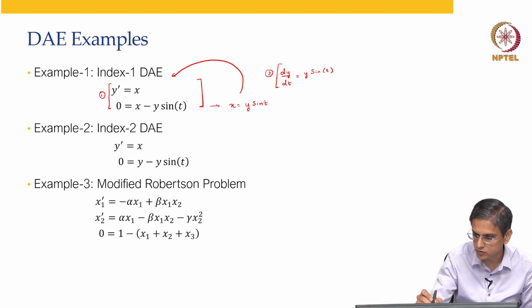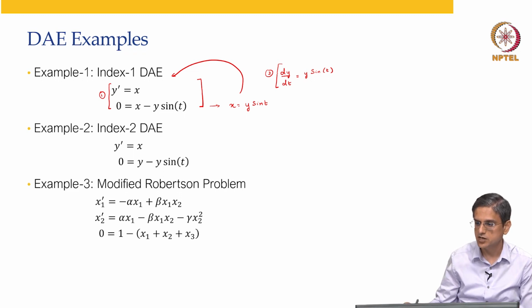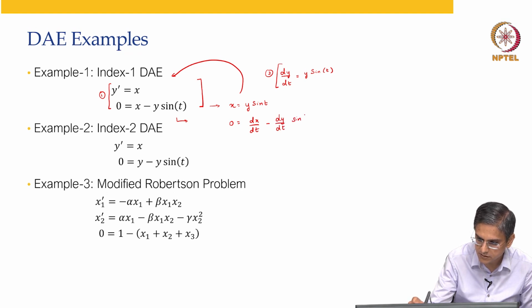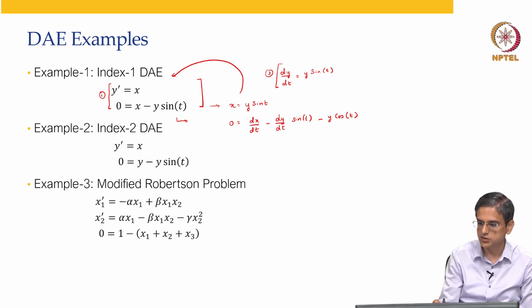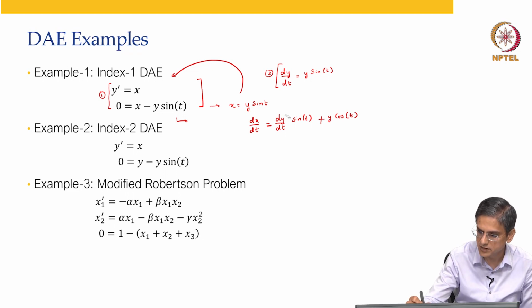Alternatively, what you can do is something that we have done for the definition of the index of the DAE. If we differentiate this equation, we are going to get 0 equal to dx by dt minus dy by dt sin t minus y cos t, or you can take dx by dt onto the other side, and you can substitute dy by dt equal to x.